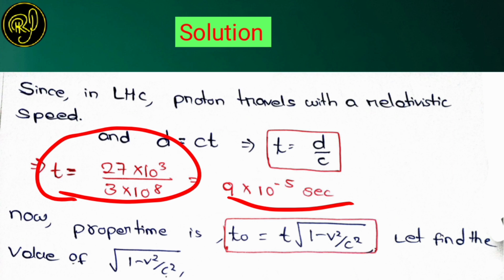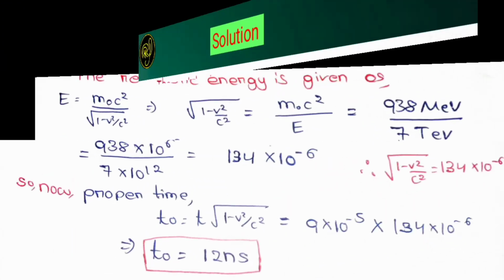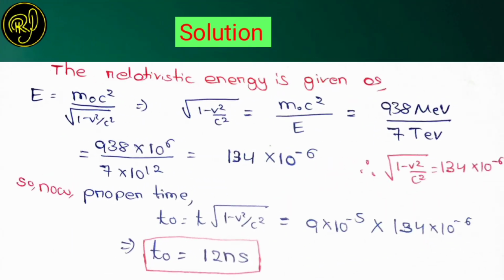We are interested to find the value of root over of 1 minus v square by c square. We know that the relativistic energy is given as E is equal to m0 c square divided by root over of 1 minus v square by c square. This is the relativistic energy formula.